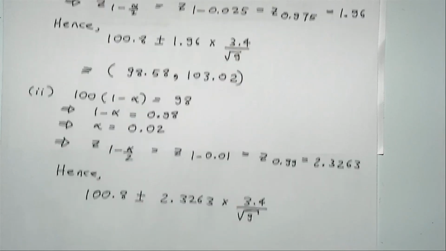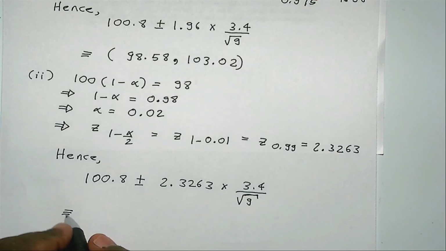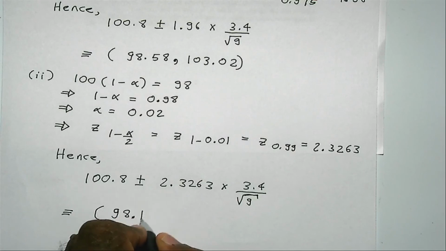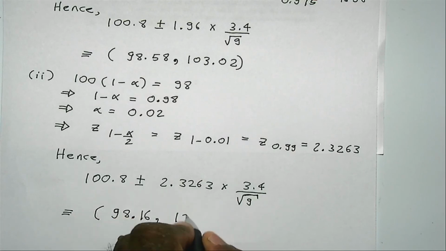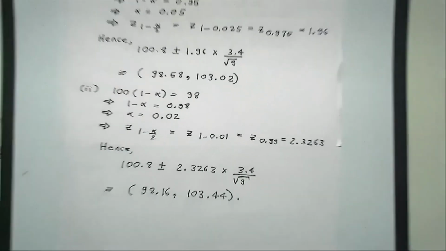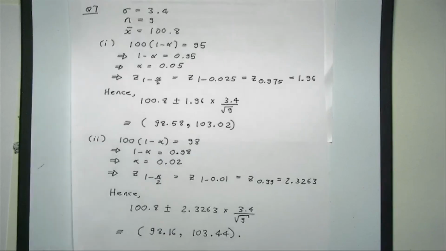If you compute this using a calculator, this is what you will get: 98.16, 103.44. Alright, so this completes the solution to question 7, and also completes the video solution to tutorial sheet 8.